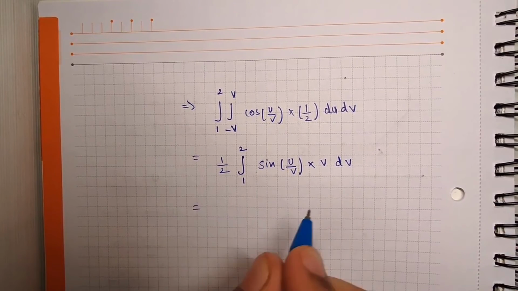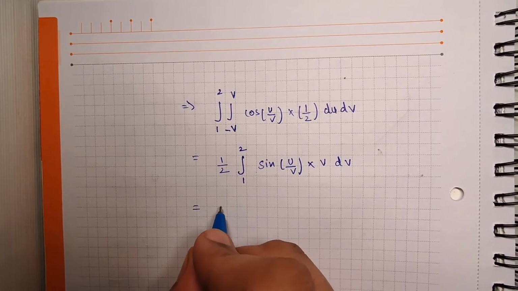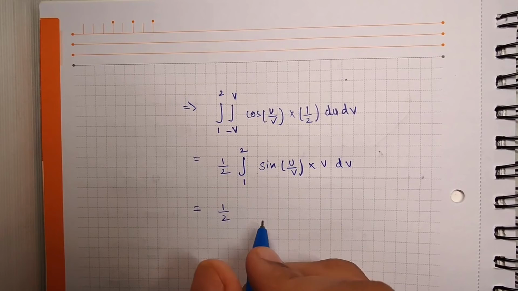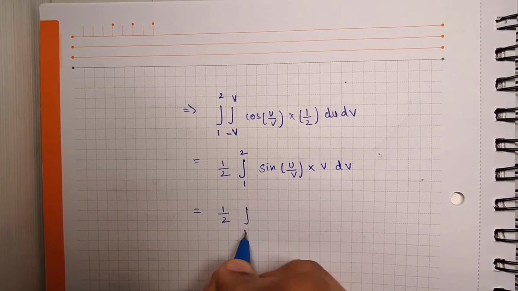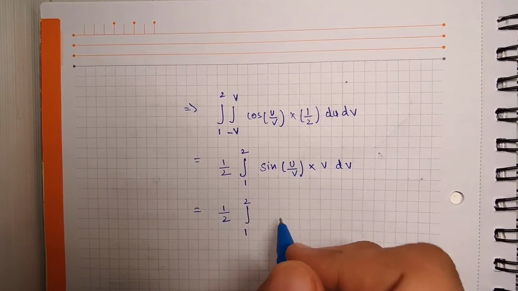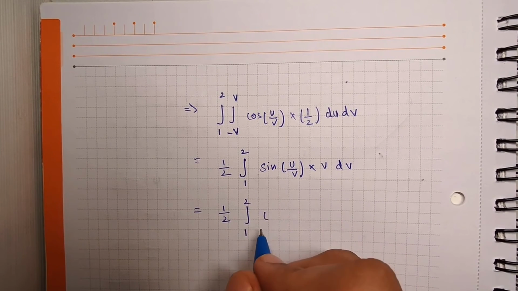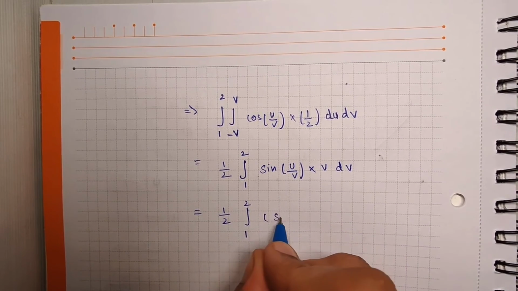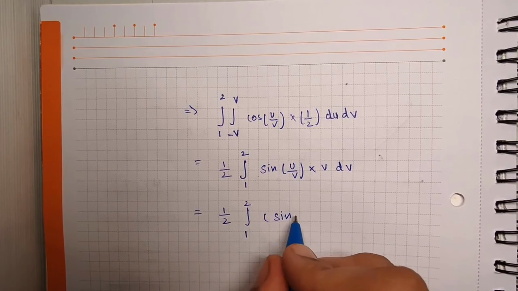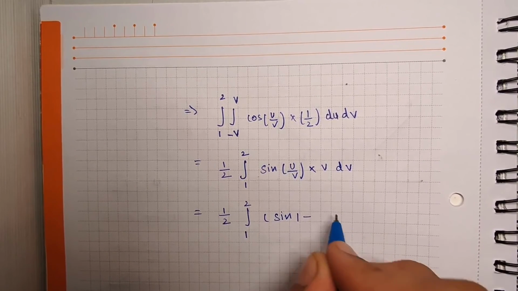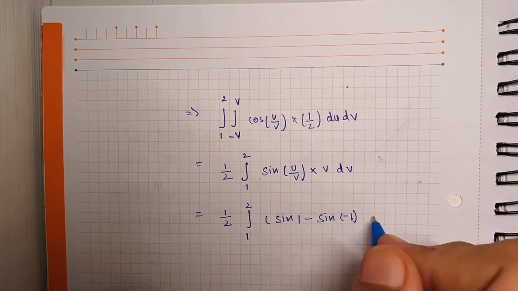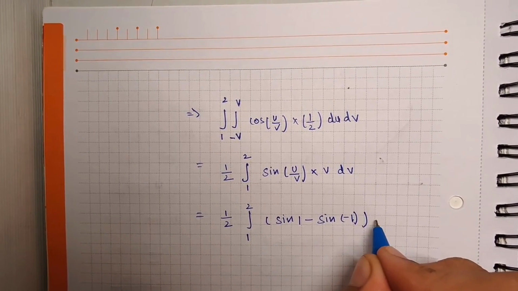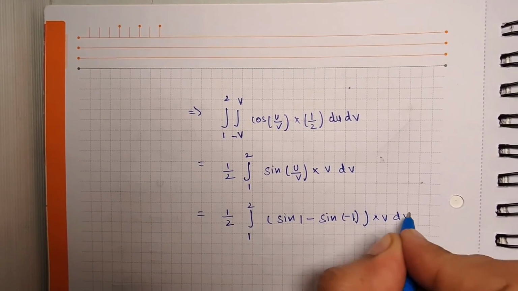Now we would solve this: sin 1 minus sin of minus 1, into v dv.